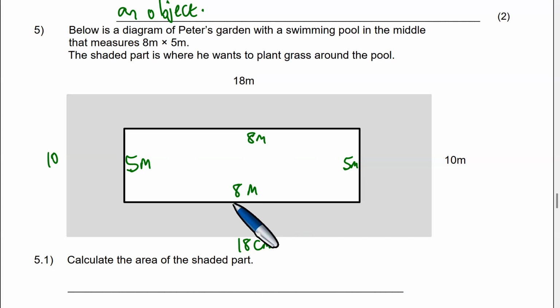If this one is 5 here, and this is actually 10, and this is sort of in the middle, what is the meaning of this here?